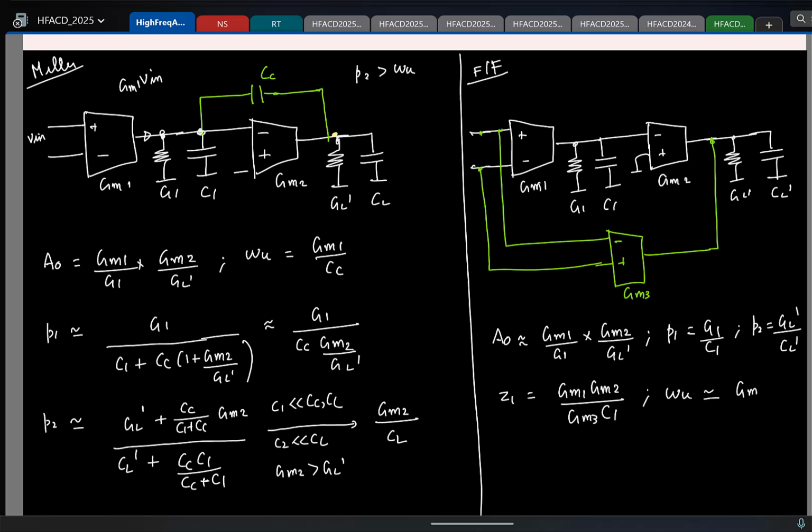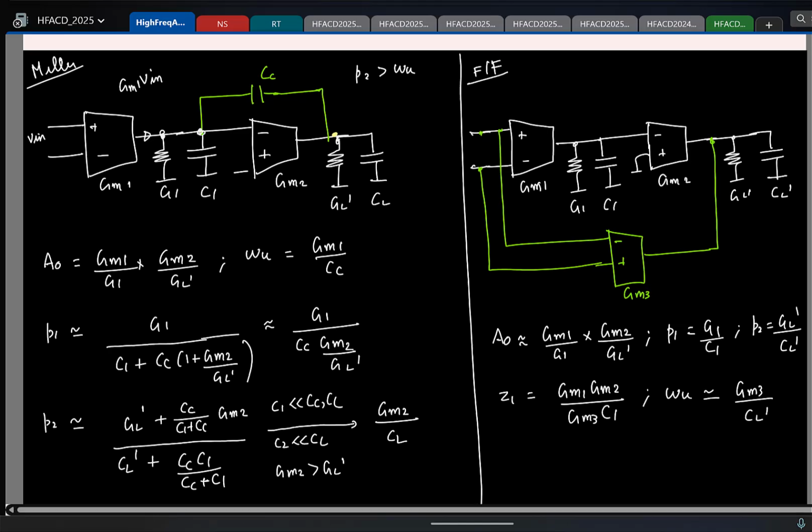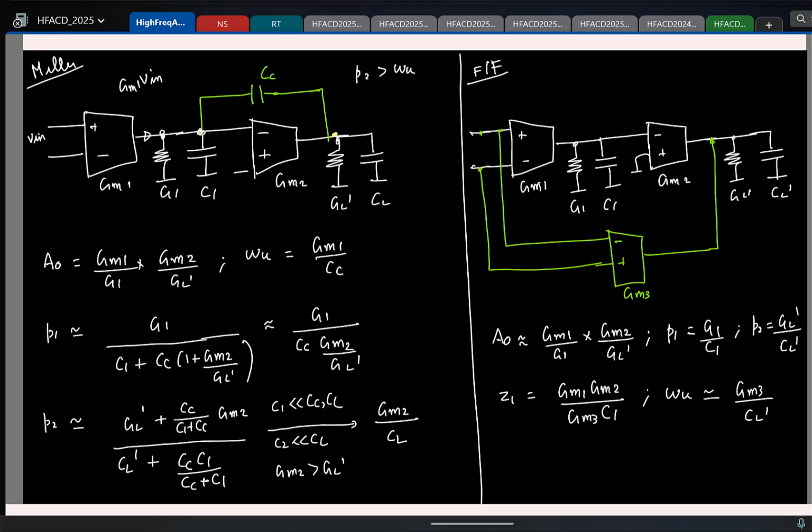Single stage structure, DC gain times the first pole. DC gain is GM3 by GL prime. Pole is GL prime by CL prime. So GL prime cancels and you get GM3 by CL prime. Okay.